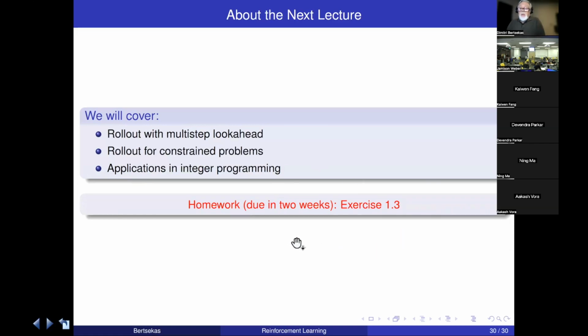Your homework was due today, and I hope you're okay with all that. There's going to be another homework that's going to be due in 2 weeks. This is exercise 1.3 in your class notes, and it deals with a multi-agent problem. It's sort of a fun problem. It involves spiders and flies.